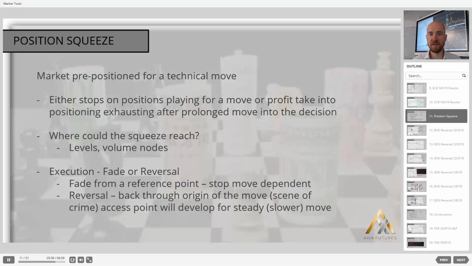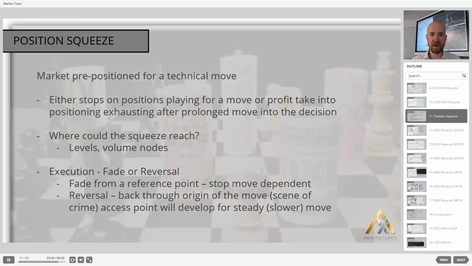The alternative to this, and the perhaps slightly safer route, is to go for the reversal trade. So once the squeeze has happened, you're then using that information, that inability of the market to keep a move going in one direction, as your reason to play the reversal. You've got a couple of different options here. First idea is going to be a move back through the scene of the crime, so back through the point where the move began.